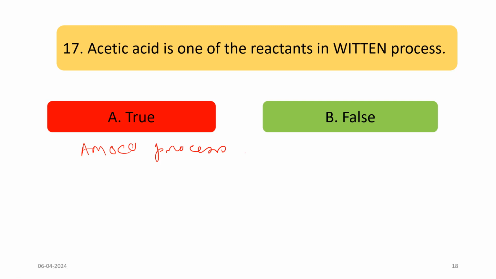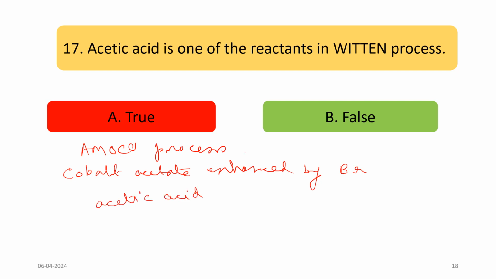In the Amoco process, the catalyst is cobalt acetate enhanced by bromine, and acetic acid is used as the solvent.